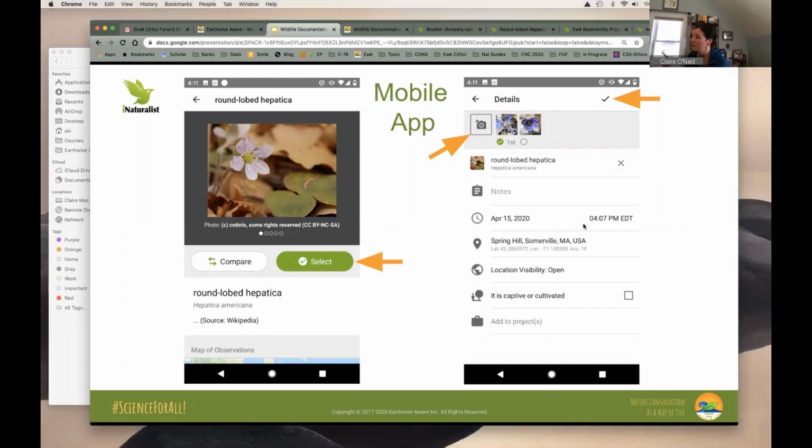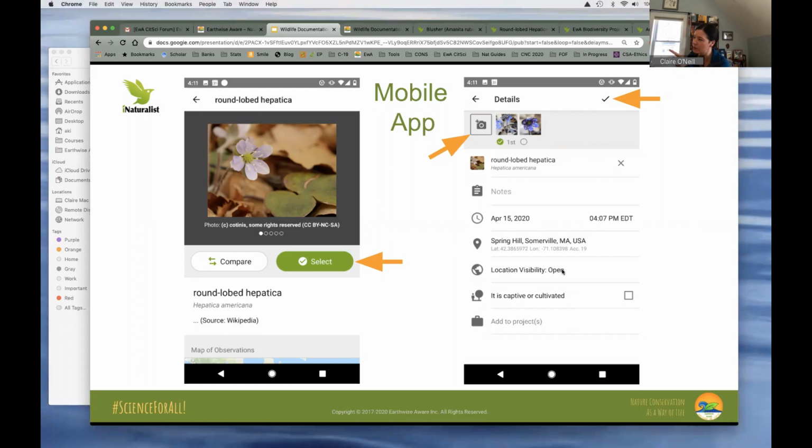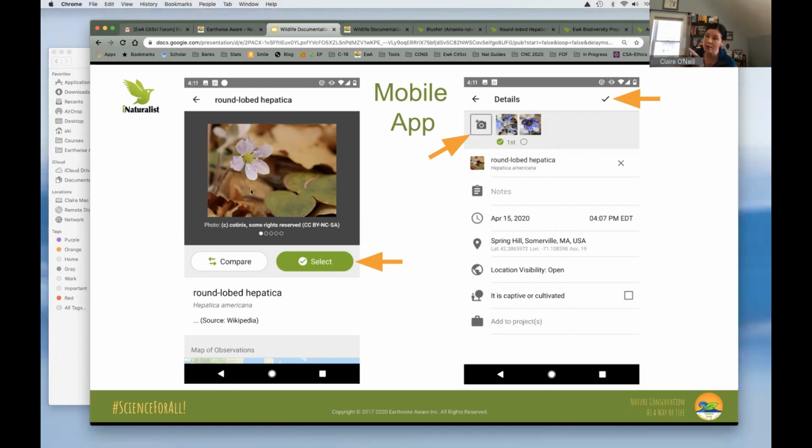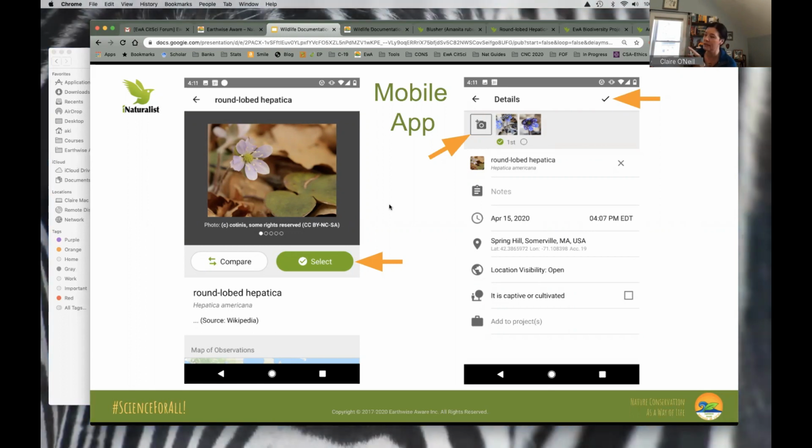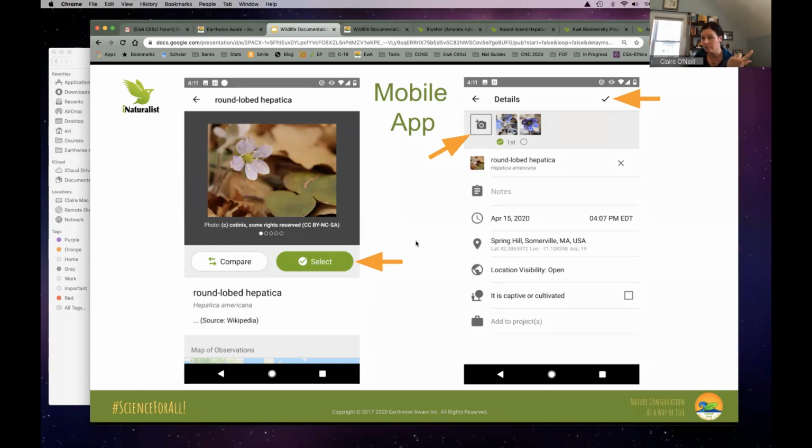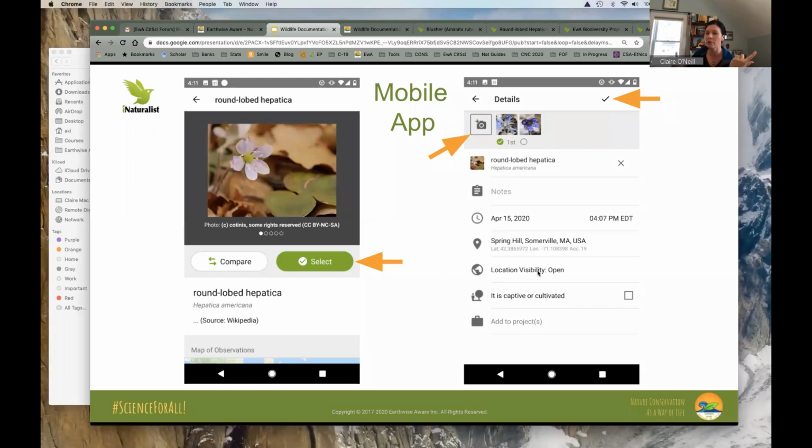While I'm here, by the way, you see that the location visibility is open. If you were to click there, and if you wanted, which we did for all the round-lobed hepatica in the fells, our little group decided to hide it. If it was an endangered species, iNat would by default obscure the location, certainly from the public standpoint.